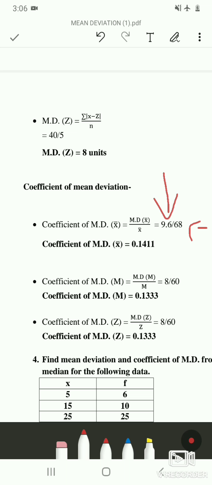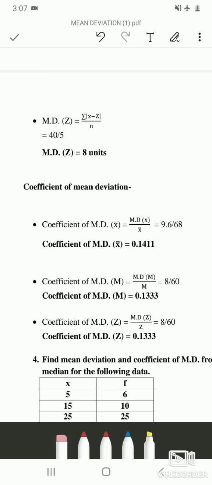Therefore the coefficient of mean deviation from x bar is 0.1411. Similarly, calculate the values for coefficient of mean deviation from median and mode. Just substitute the values. The formula for mode again remains the same, so it is mean deviation from mode divided by the mode value.